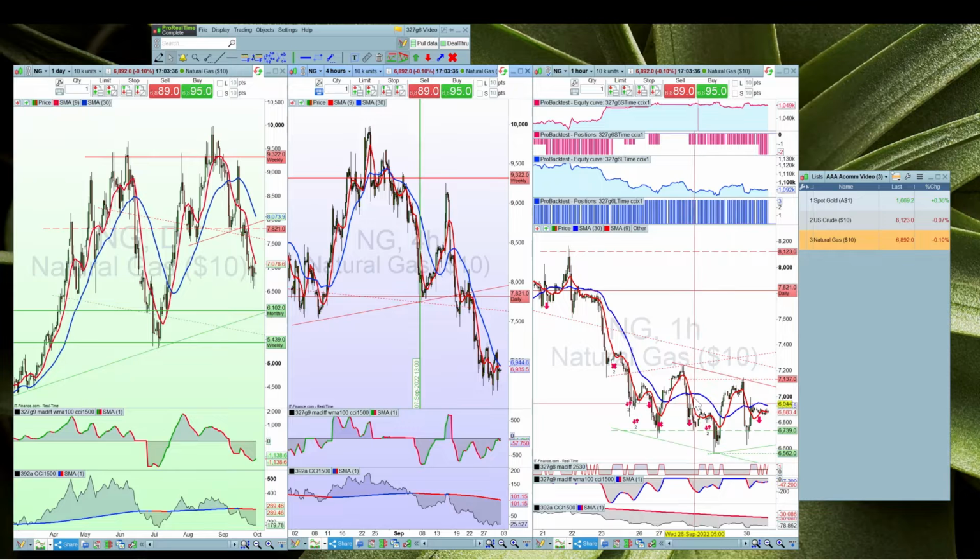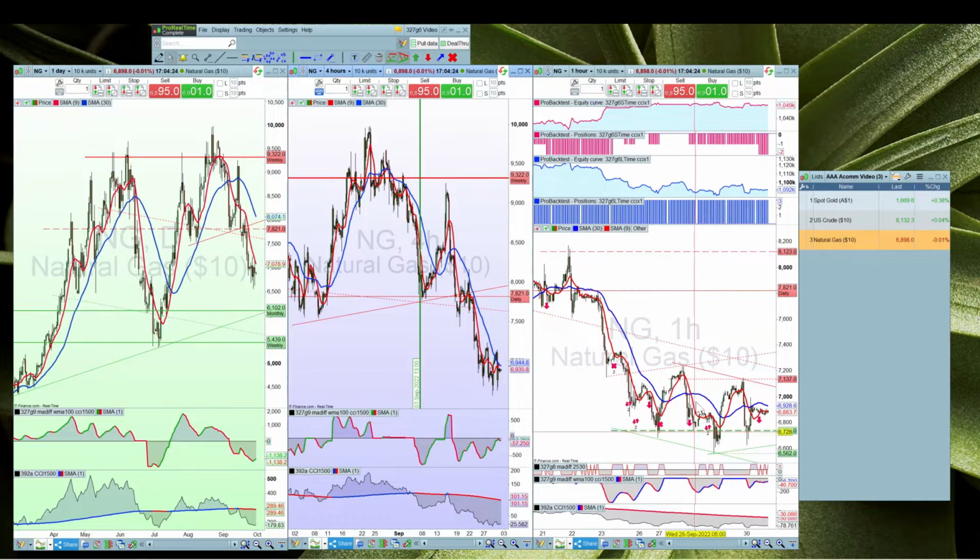So you can see here the moving average 9 and the moving average 30 are moving apart from each other. That's indicated by that red. And when they start turning in towards each other, that's indicated by the blue.